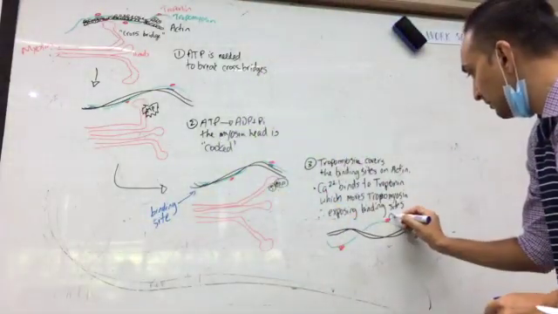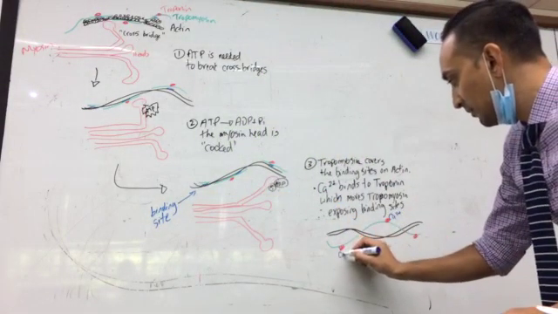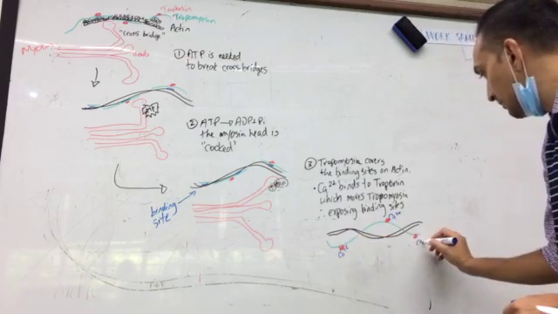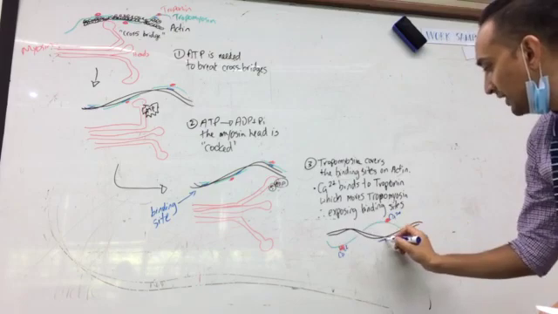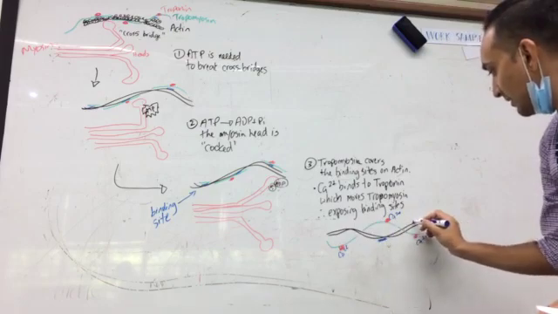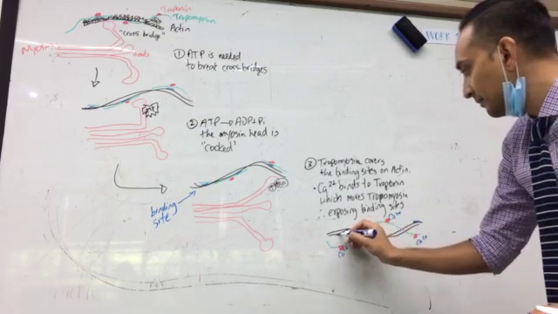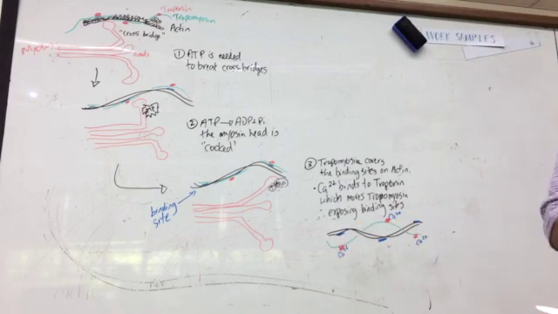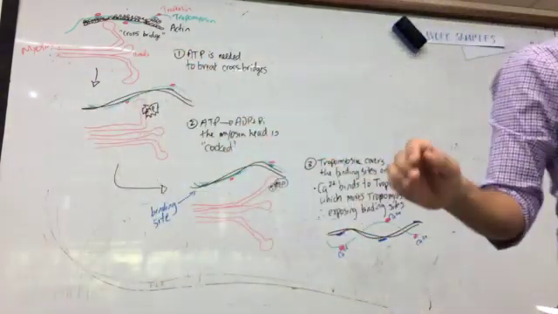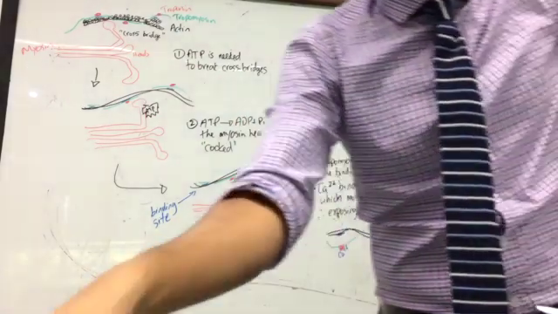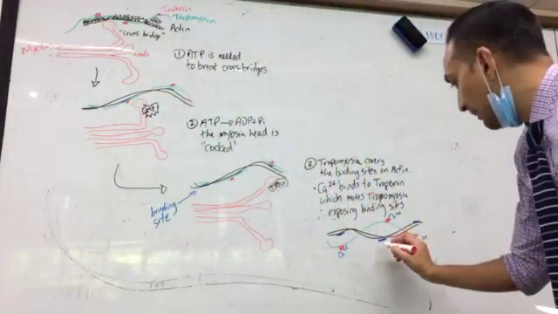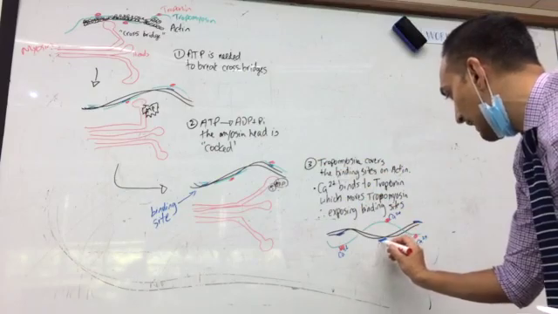Calcium, calcium, calcium. And what does that do? Now the binding site is open. And what does that do? If the binding site's open and the myosin head is cocked, it can form a cross bridge. So then the myosin head is able to attach.